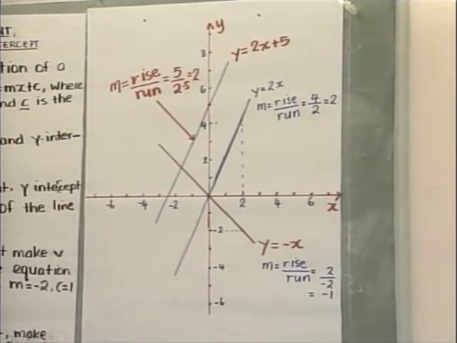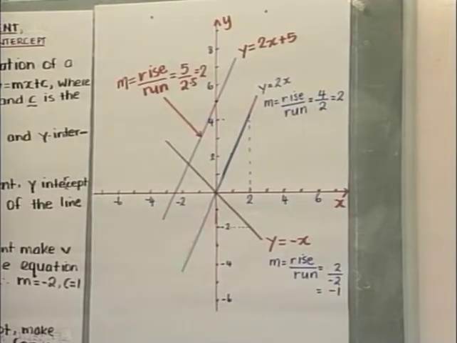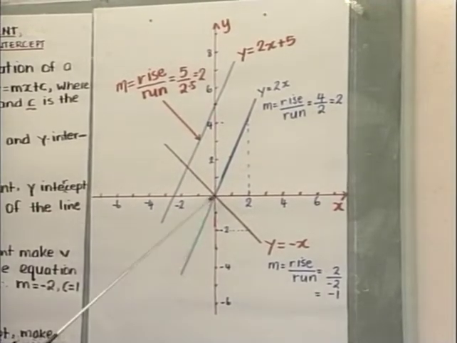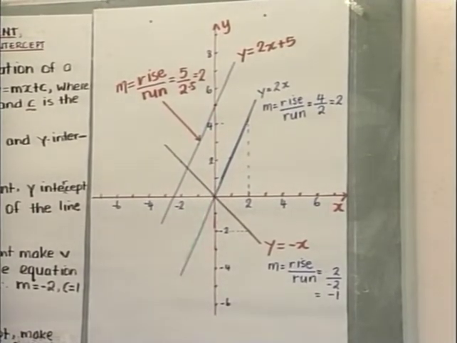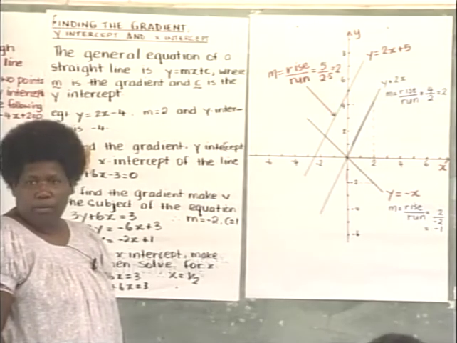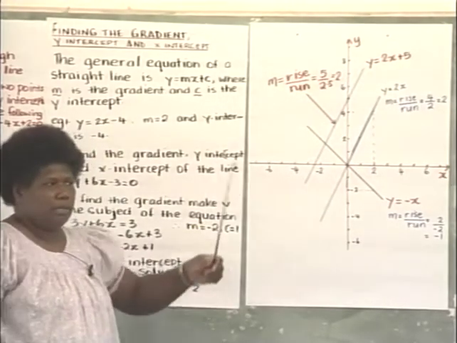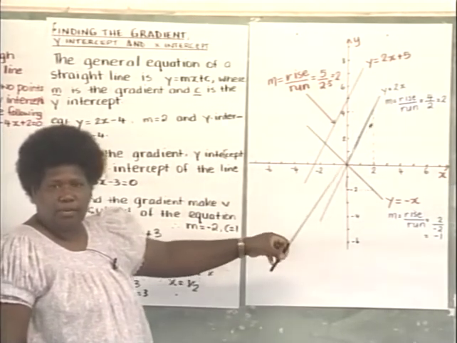Now, many times you will not be given the equation of the line. You will be asked to find the gradient and then read off what the y-intercept will be. Okay, to find out whether the gradient is positive or negative, the best way is to look at the direction the line is sloping.